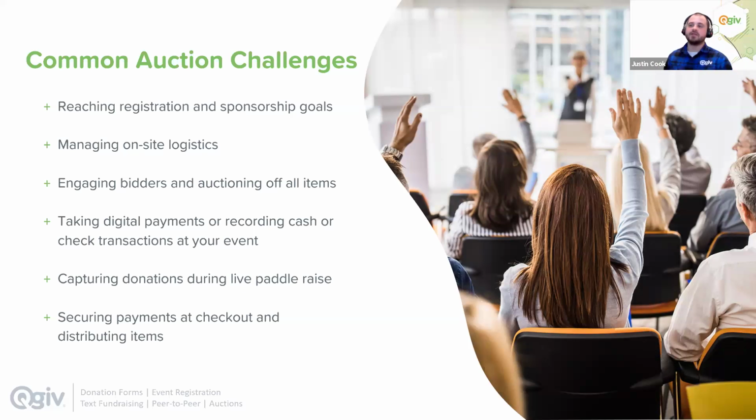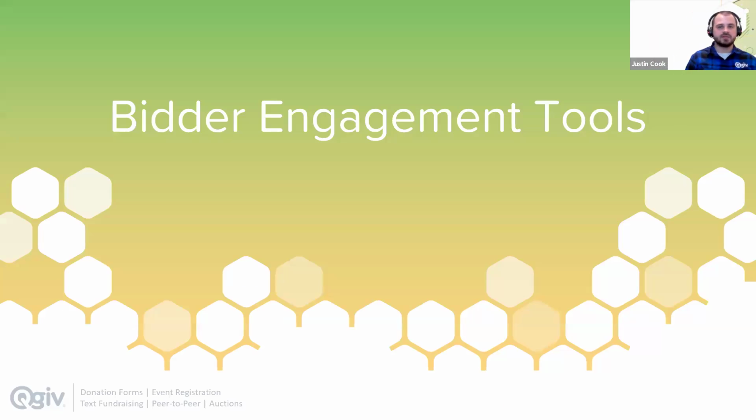And in each of the challenges that you see here on the screen, there are tools to help you make your process easier as well as help you raise more. The first set of tools that I really want to discuss, which is one of the most important pieces of your auction, are bidder engagement tools. So think to yourself, how are you engaging bidders?